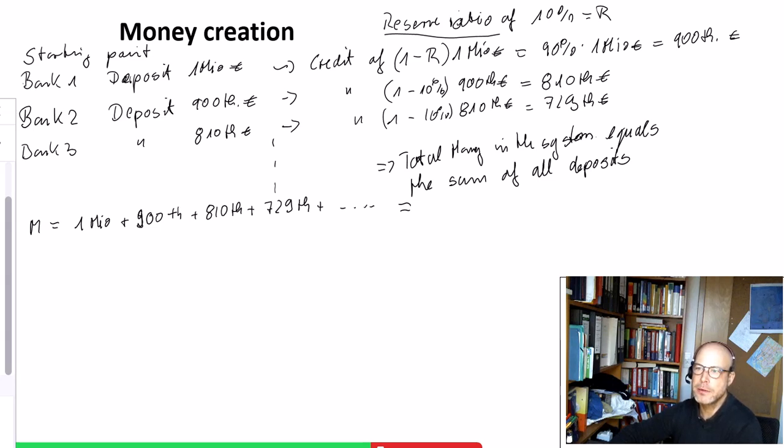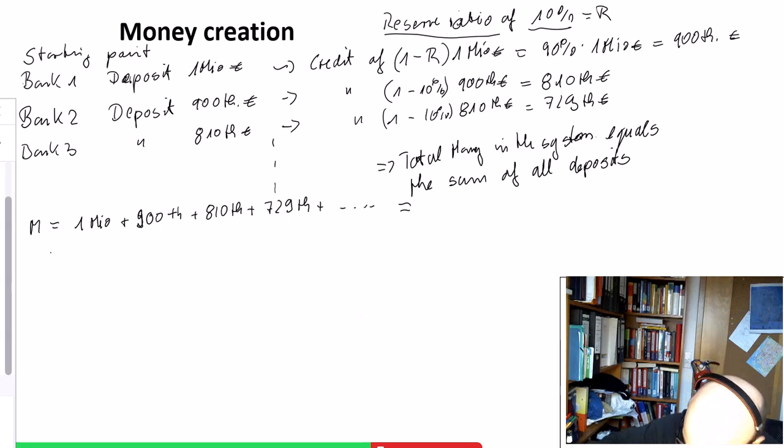Does anybody know how I can calculate the sum of such a series? Or what is this called, this series? Any idea? Because within these numbers, always we find this same reserve ratio.